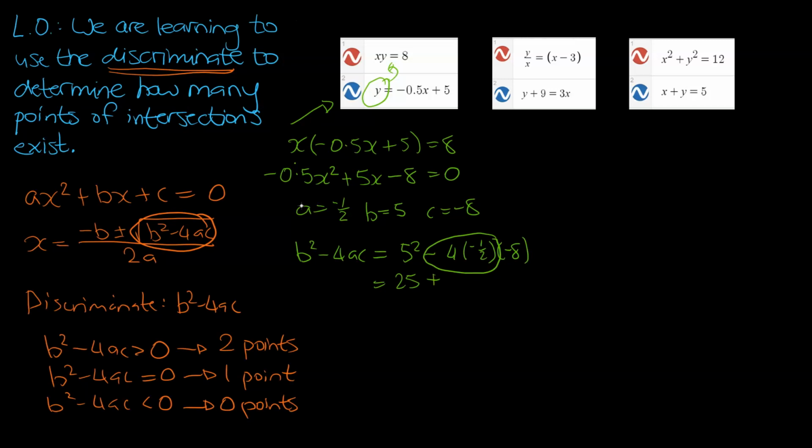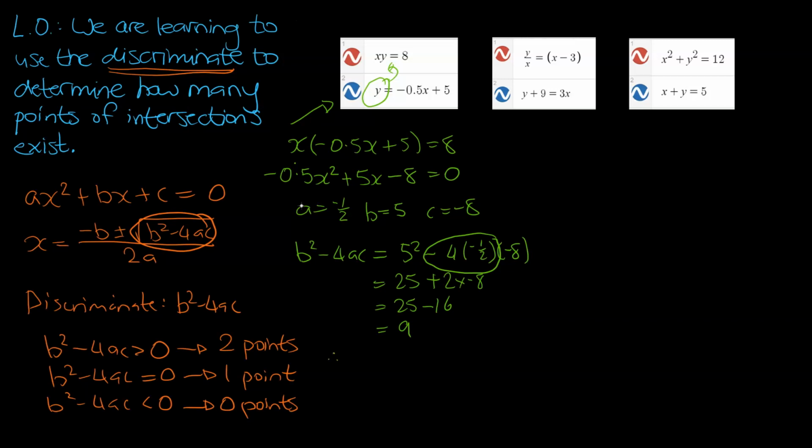Sorry, positive 2. Positive 2 times negative 8. So 25 minus 16, because 2 times negative 8 is negative 16. And that is going to give us a discriminant of 9.